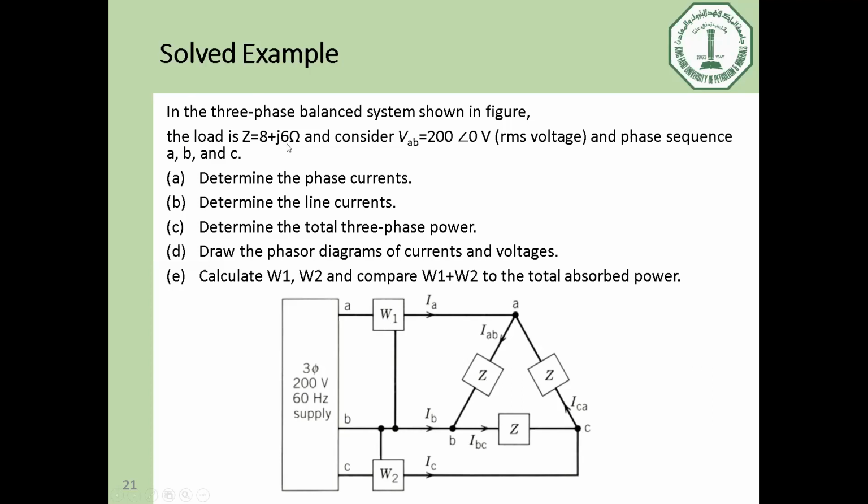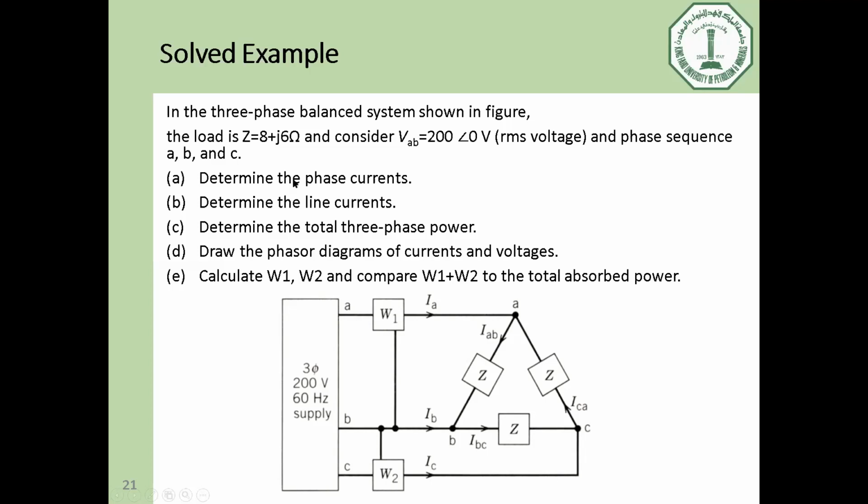Plus j, it means this load is inductive or capacitive? It's inductive. Inductive load, exactly. And consider VAB, the line voltage from A to B, equal to 200 at angle 0. All of the time the voltage is given as an RMS value.